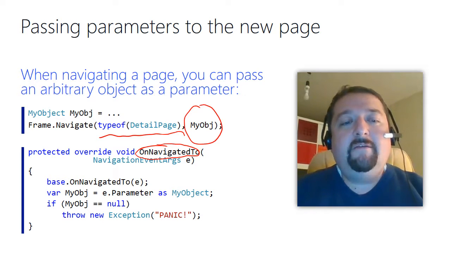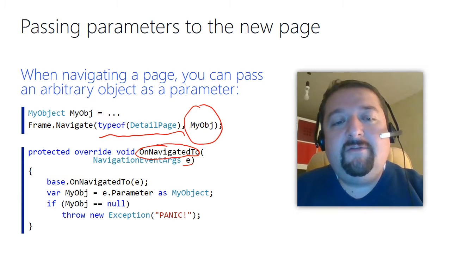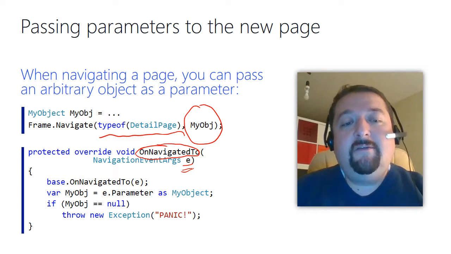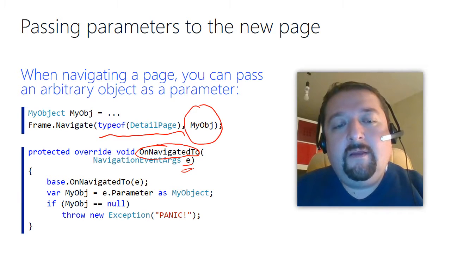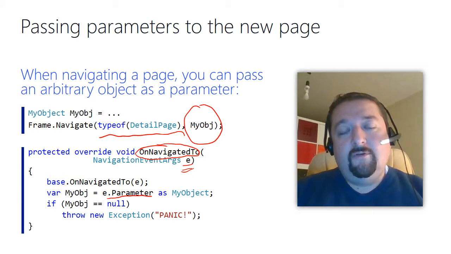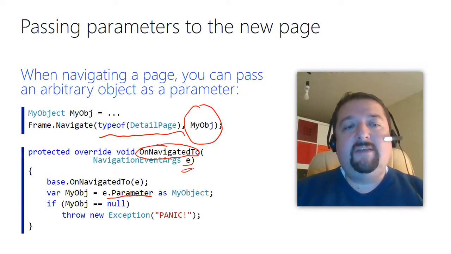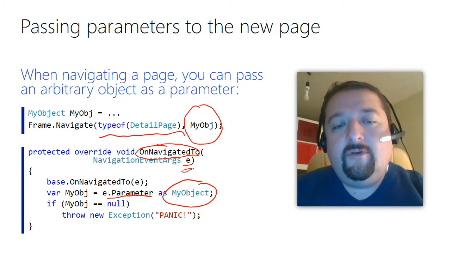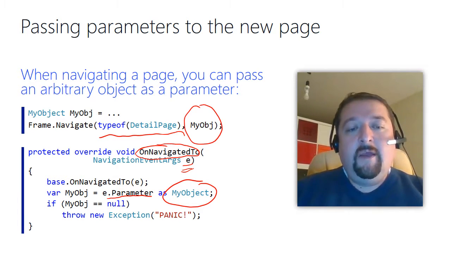When you override it, you receive the navigation event args, and the navigation event args contain a field called Parameter. It is a field of type object, so you would need to convert it to the actual type. For example, if you passed an object of type MyObject, you would need to convert this to MyObject. And if it's converted fine, then you can use it later on inside the page.